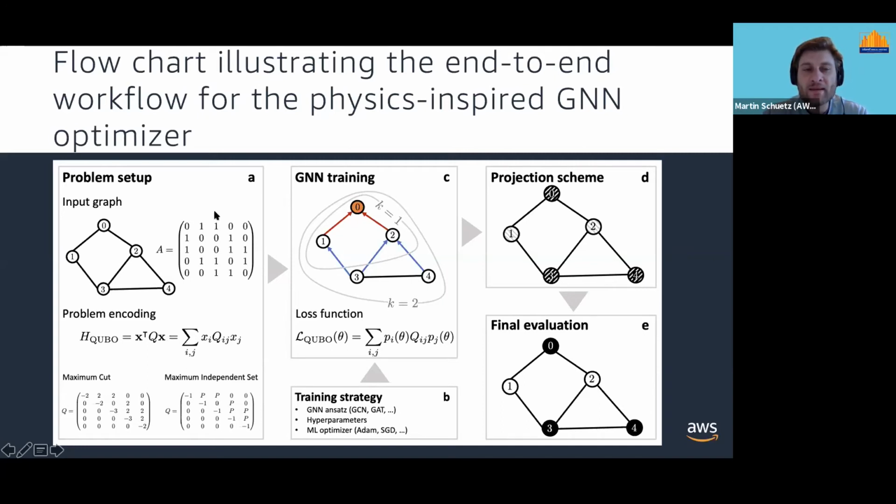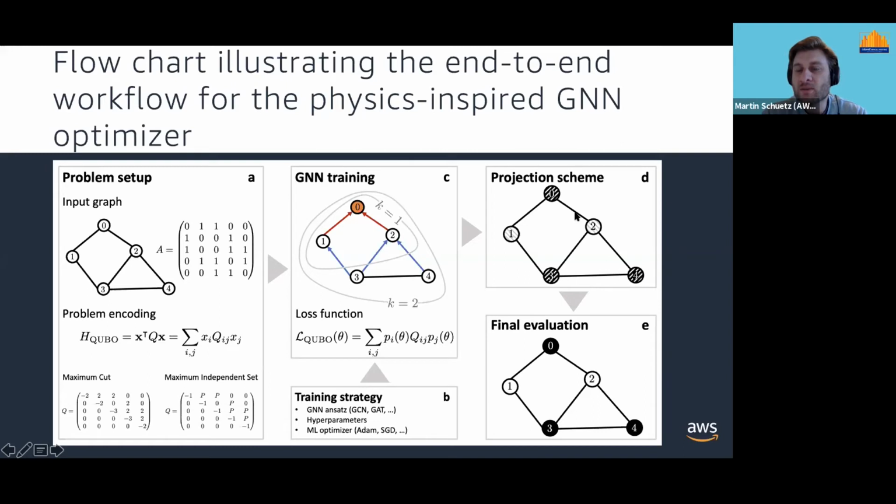We then feed this together with a training strategy that defines our graph neural network ansatz, hyperparameters, etc. We feed this into our GNN optimizer that then performs iterative rounds of message passing, so neighborhood aggregation and updates, training against a custom loss function that stands in one-to-one correspondence to the original Hamiltonian.